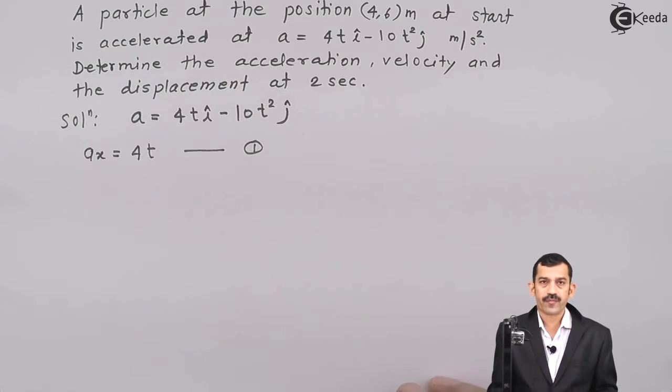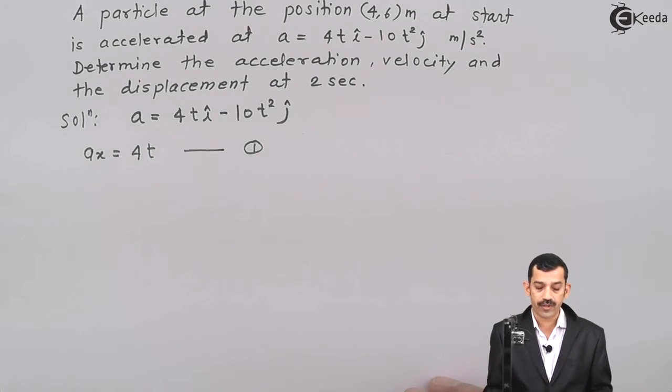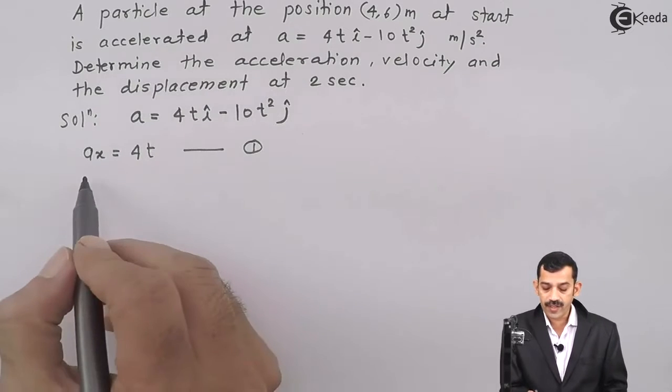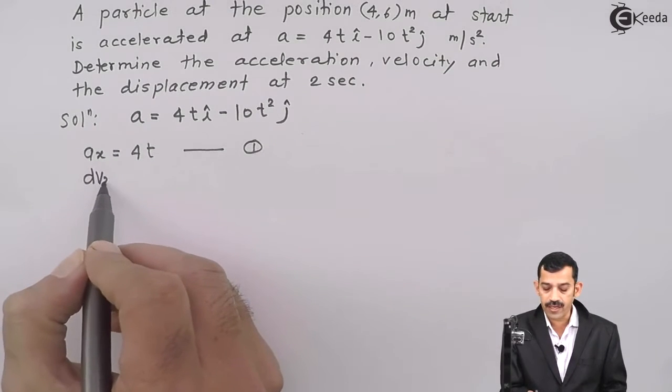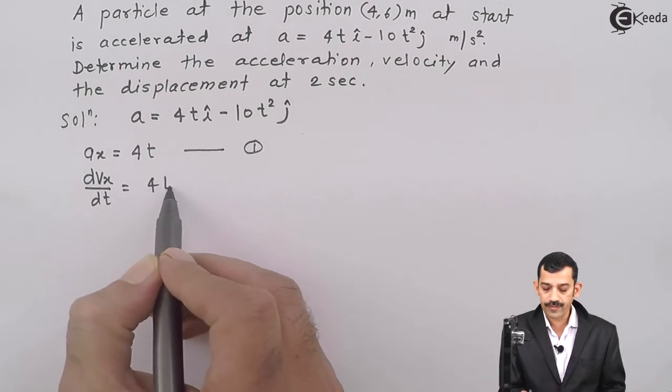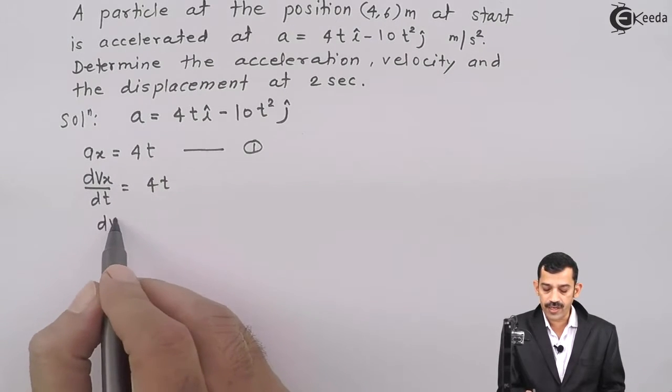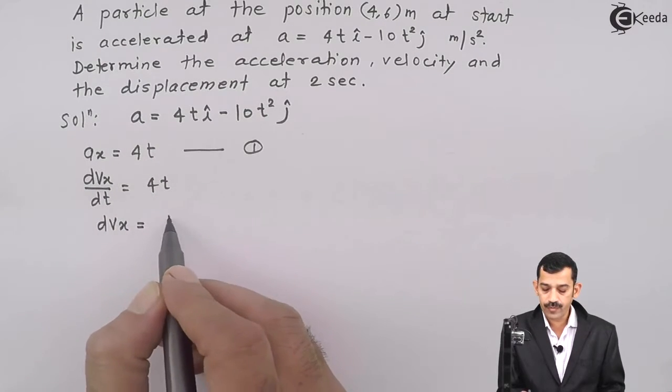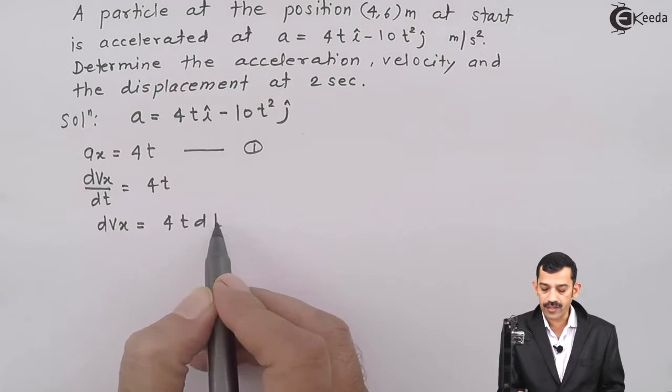From ax, we'll find out vx and the position x. You have to integrate this equation. Therefore, ax is written as dvx by dt, which is equal to 40. Therefore, dvx equal to 40 dt.